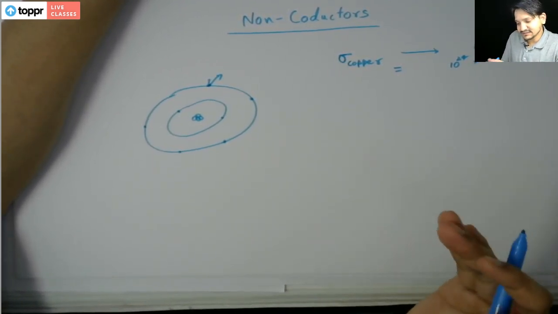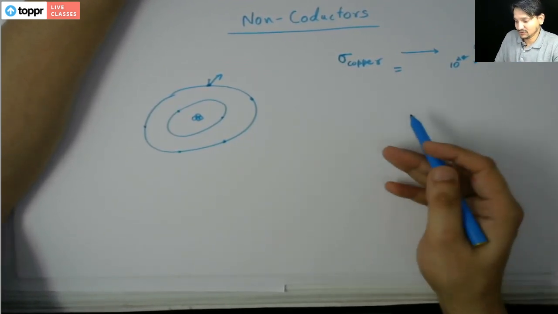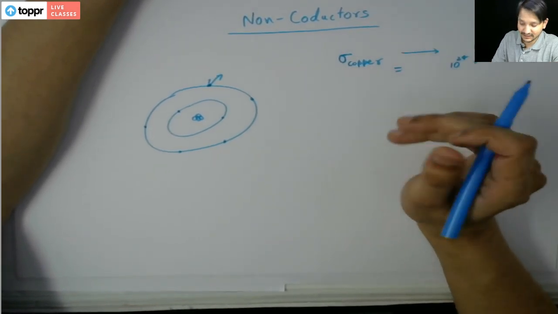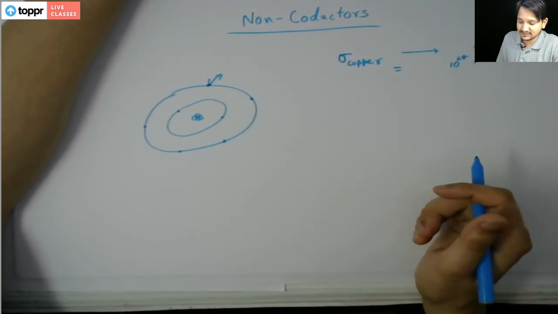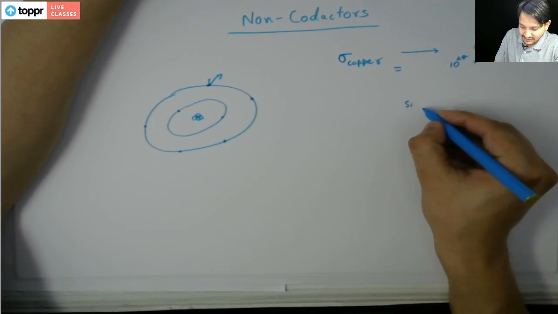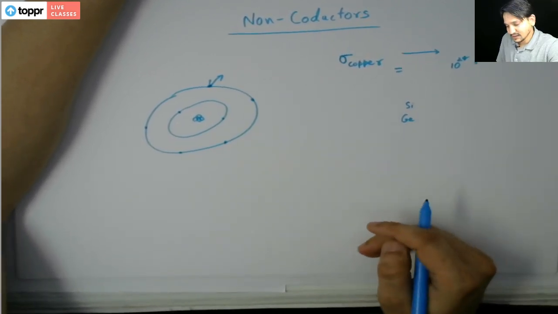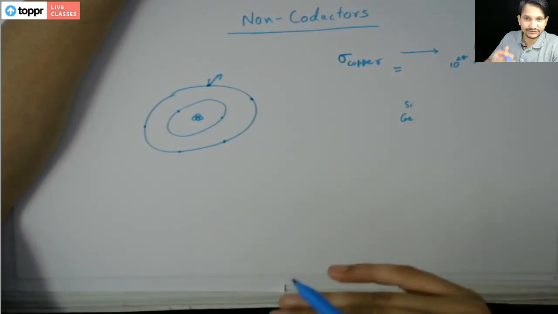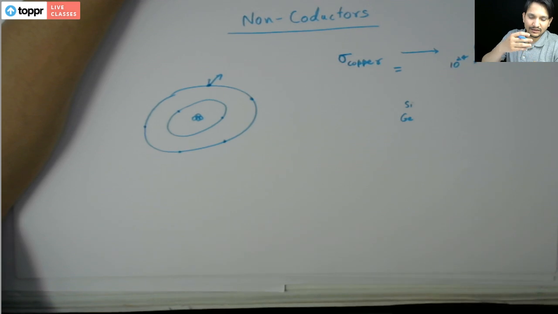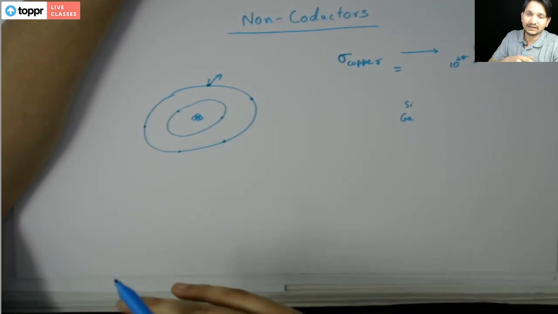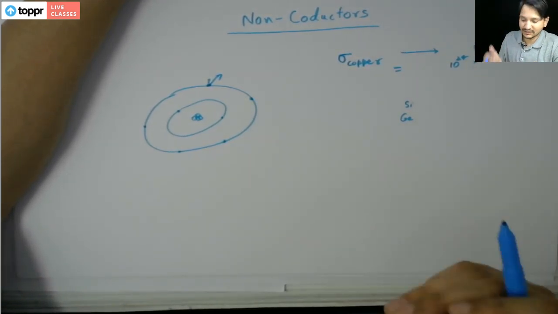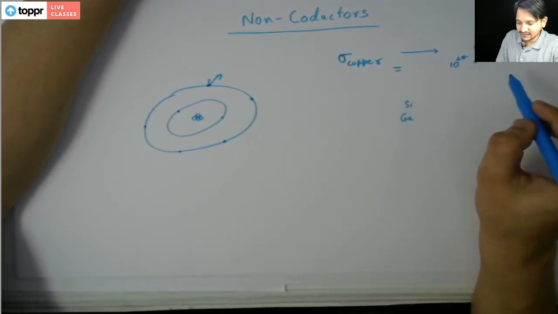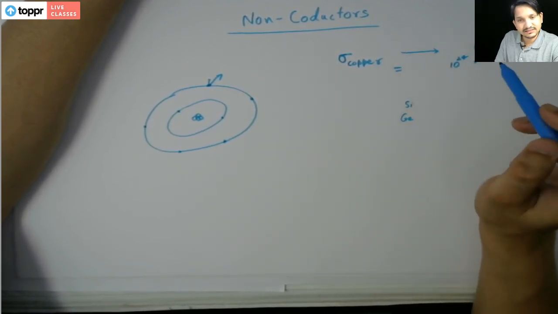Now compare something in between, not an obviously good insulator, but not very easily conductive. There are materials like silicon and germanium. Their electronic configuration is such that electrons can jump from a quite non-conducting level to some kind of conduction level.